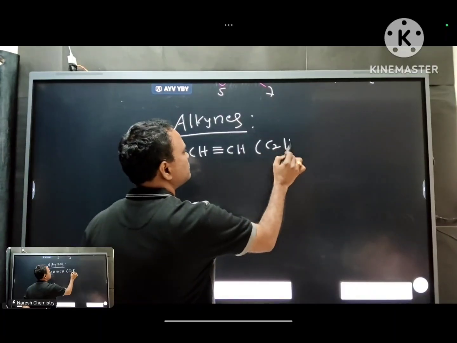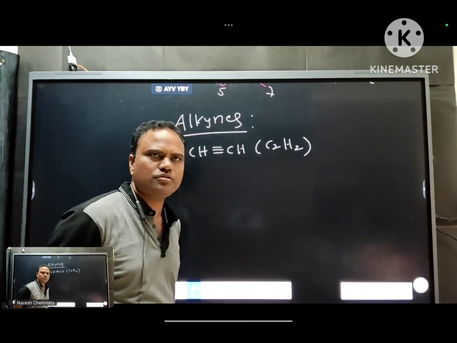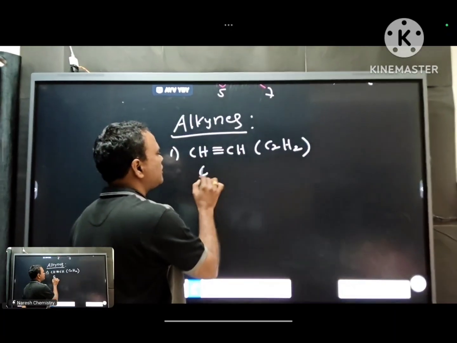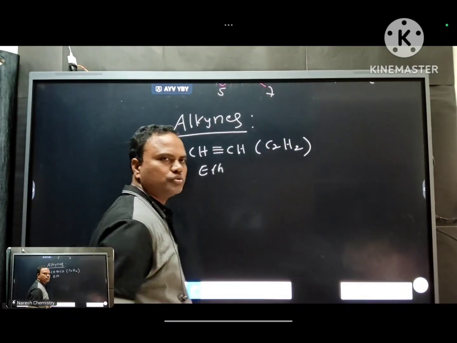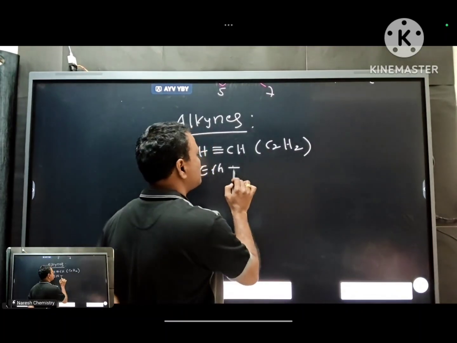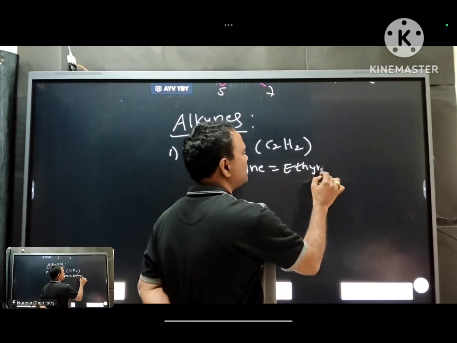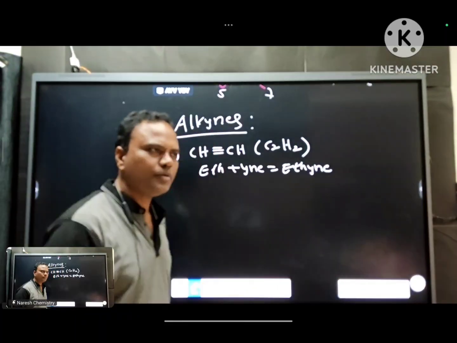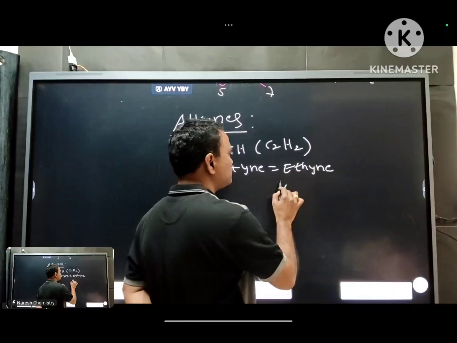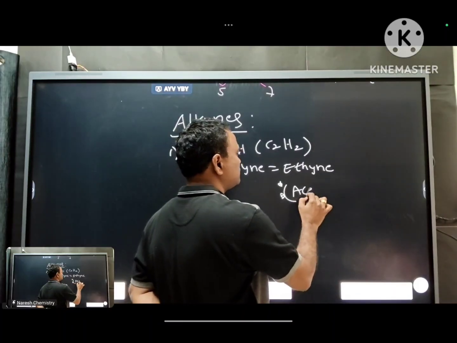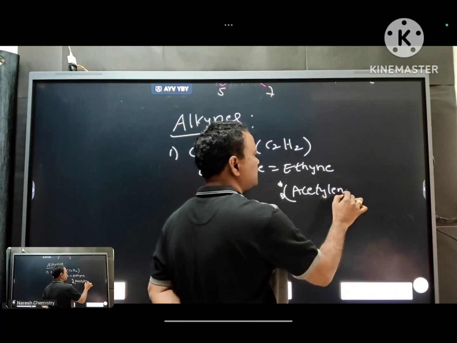What is the formula? C2H2. How many carbon atoms are present? 2. Ethyne. The common name is acetylene.